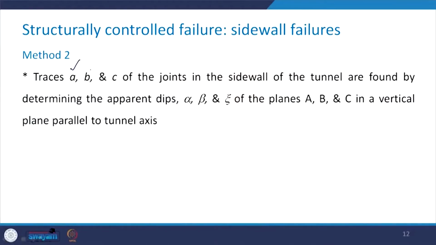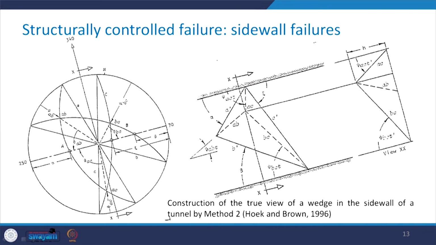In this case, these traces A, B and C of the joints in the side wall of the tunnel are found by determining the apparent dips alpha, beta and zeta of the planes A, B and C in a vertical plane which is parallel to the tunnel axis. Take a look at how. We have the three great circles again which represent these planes.